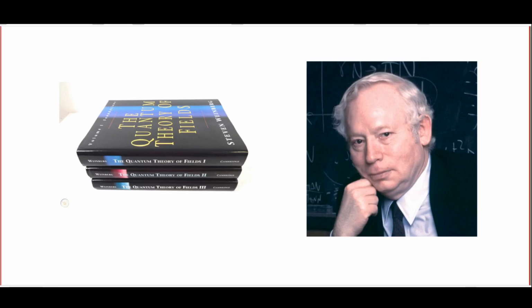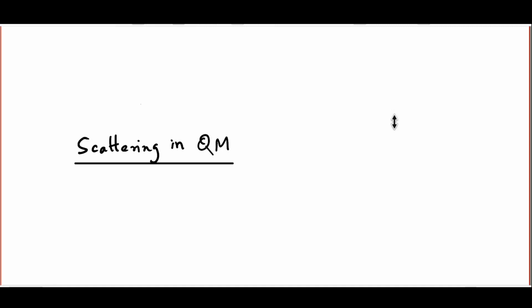Now, having said this, let me resume the series where I left it off and talk about scattering in quantum mechanics. Much of our knowledge about the macroscopic world actually comes from scattering experiments.